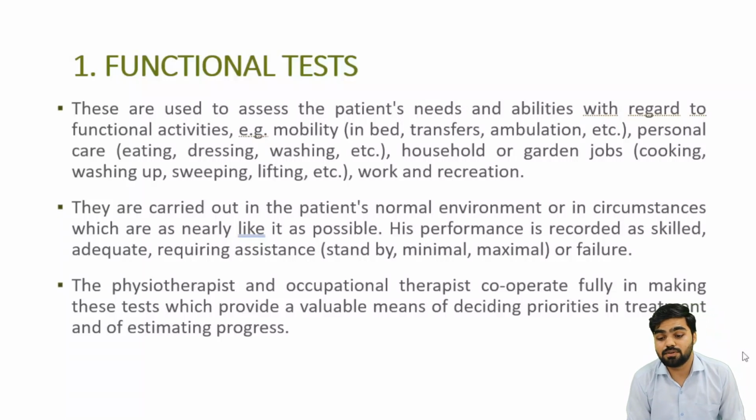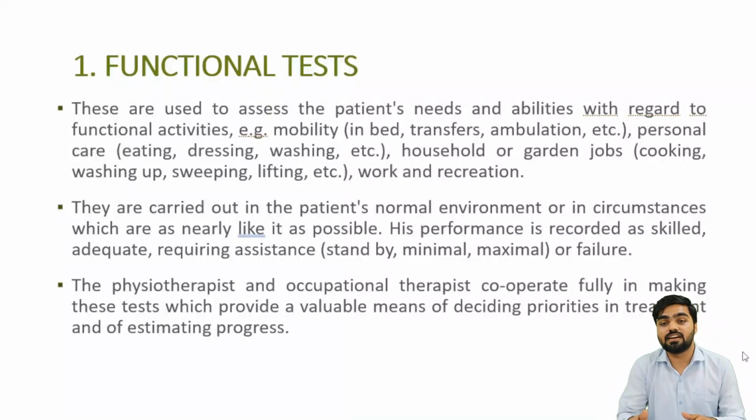They are carried out in the patient's normal environment, or in circumstances as near to it as possible. It should be a known, normal environment, so the patient can perform normally. His performance is recorded as skilled, adequate, requiring assistance, standby, minimal or maximal, or failure.